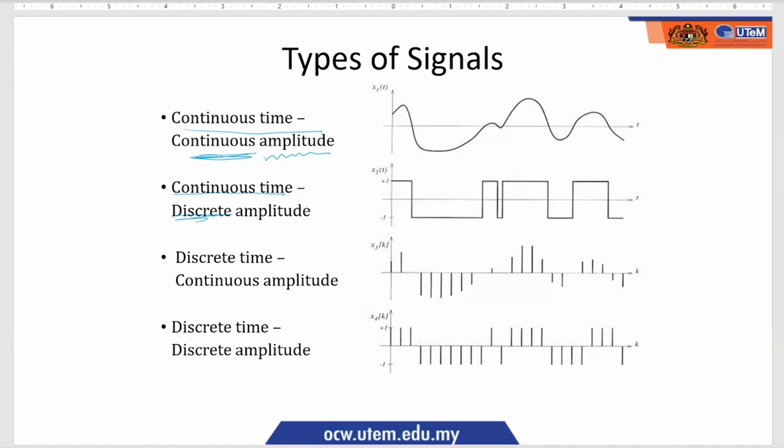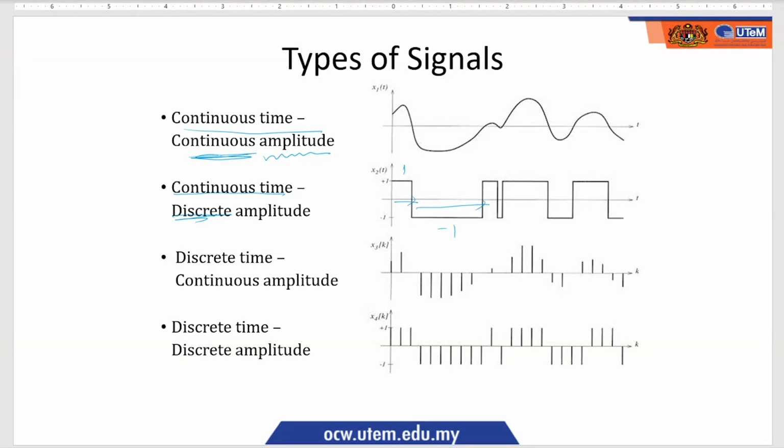This t is in round brackets, right? We can see it clearly over here. So this one is continuous time, obviously by t, and continuous amplitude. Amplitude means the changes on the axis, so that will be continuously changed. This one is discretely changed, meaning this one is 1 for this range, for this range will be -1, etc. So the change of amplitude right here is the discrete amplitude, but continuous time.